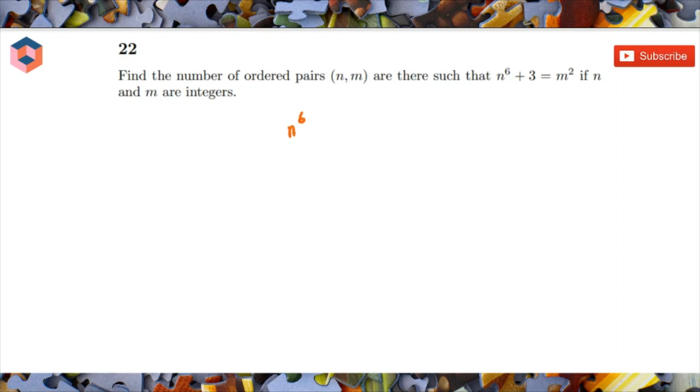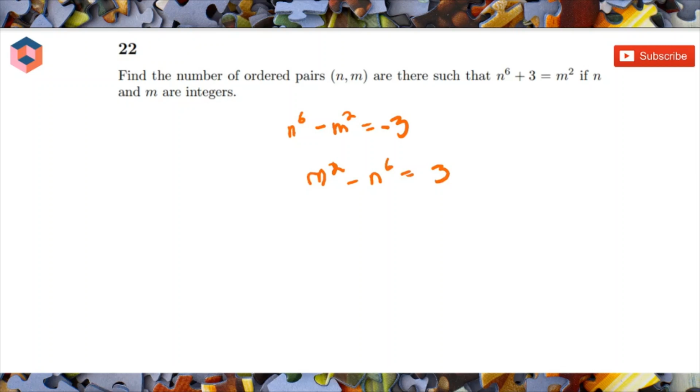We get that n to the power of 6 minus m squared equals negative 3. I also subtracted 3 from both sides. Let me rewrite this, multiplying both sides by negative 1 so that 3 is positive. So then we have m squared minus n to the power of 6 equals 3.